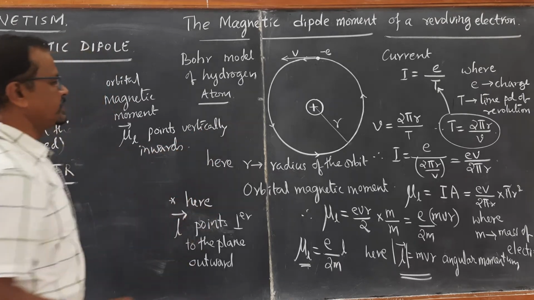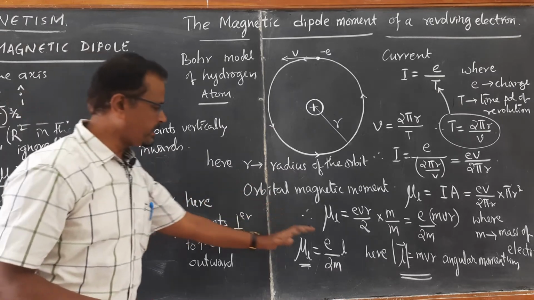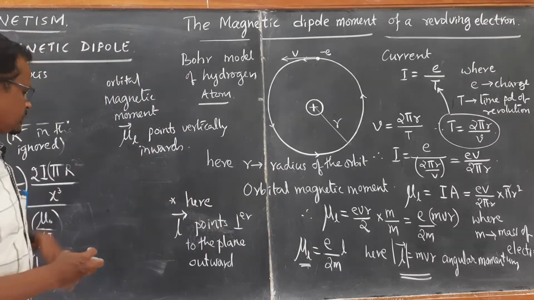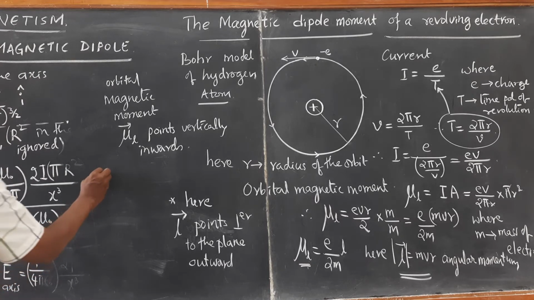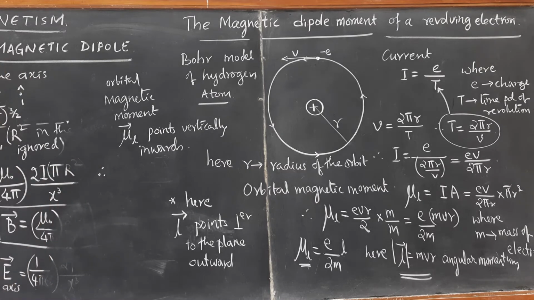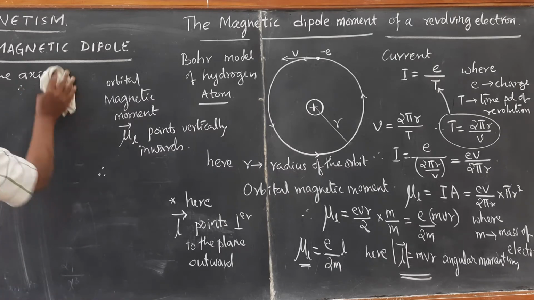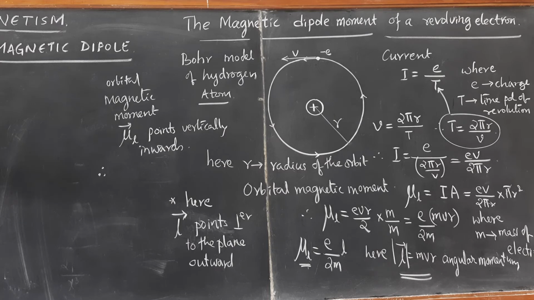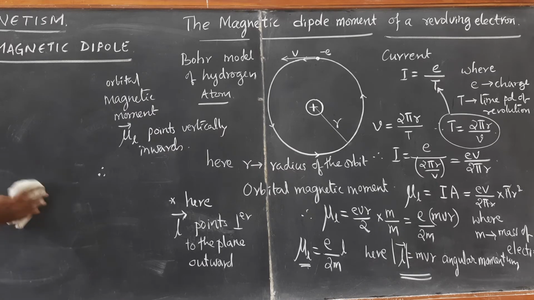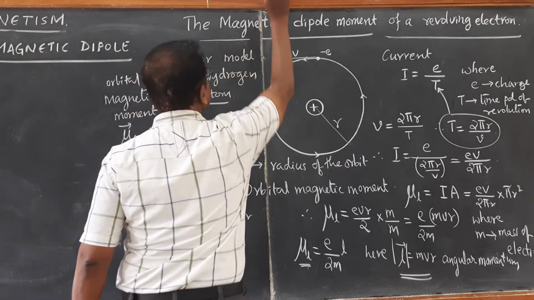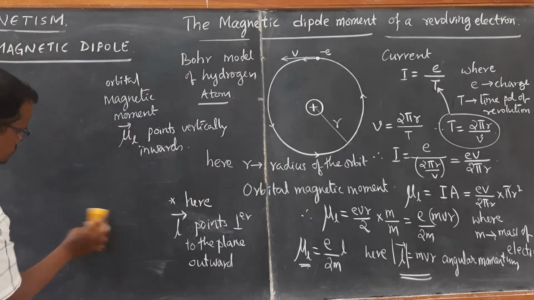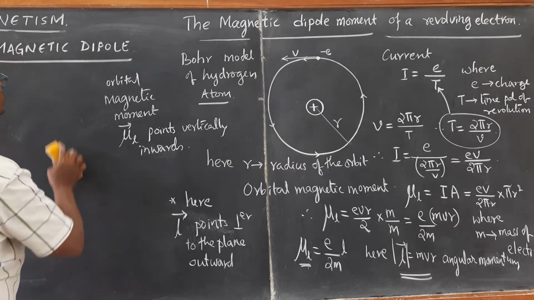So that gives you an idea that mu L and L are in opposite directions.